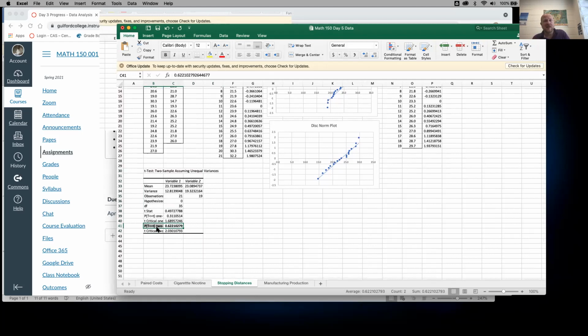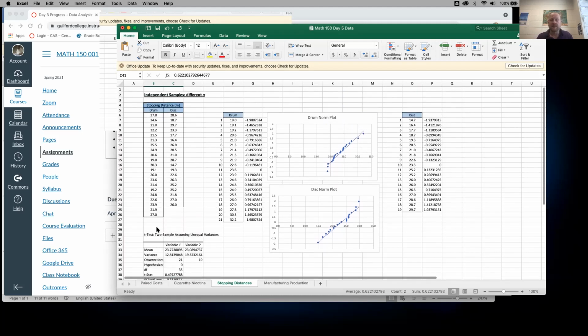So it doesn't really look like our particular set of data, which I made up, doesn't really show us that there's a significant difference between the drum brakes and the disc brakes with their stopping distance. Okay. All right.